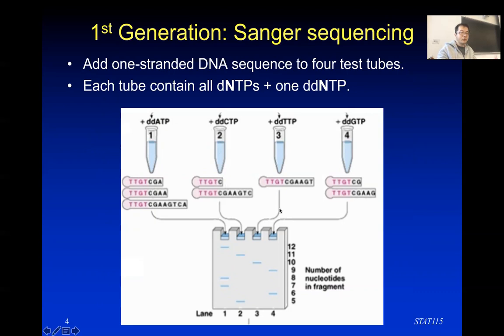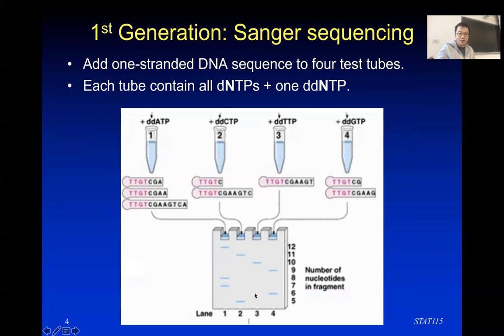And then we run those synthesized DNAs through the gels. Since different DNA molecules have different lengths, they will run to different depths in the gel because their molecule sizes are different. Then we will see some bands on the gel, and people can read out the original DNA sequence.